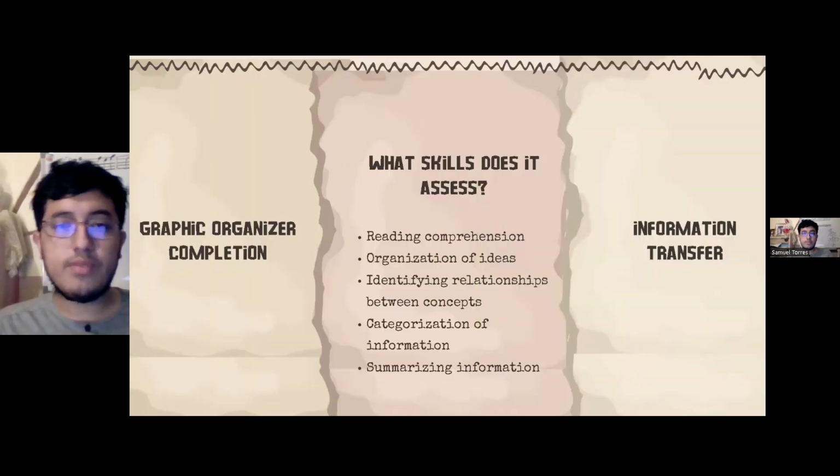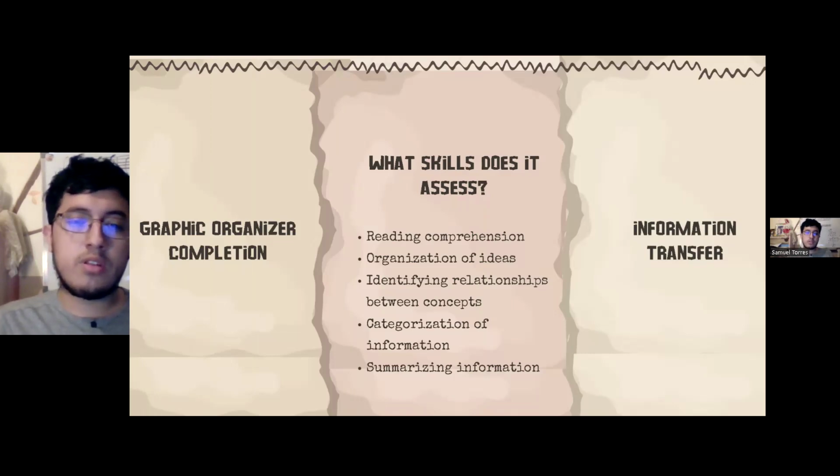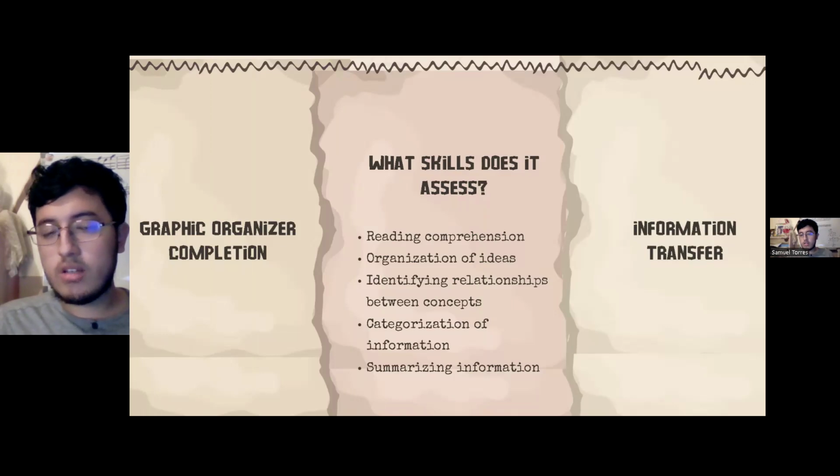So what do these skills assess? The reading comprehension, the organization of ideas, identifying relationships between concepts, categorization of information, and summarizing information. Actually, this is what they both assess.